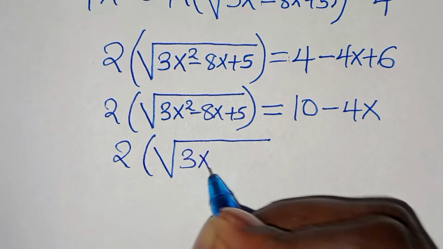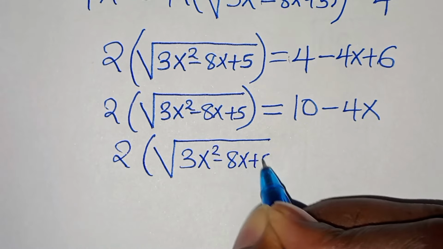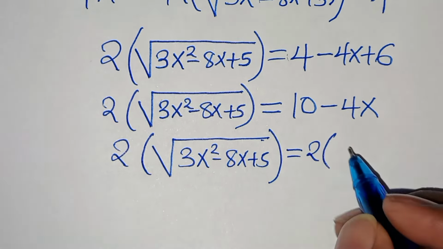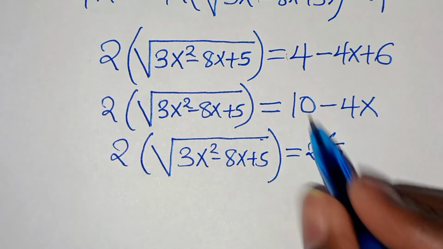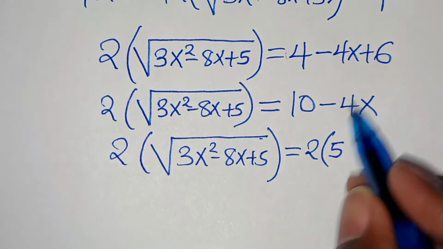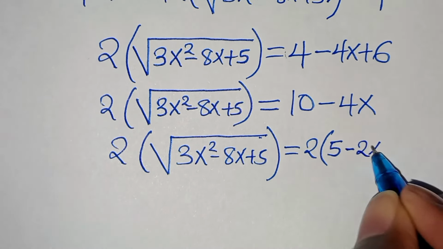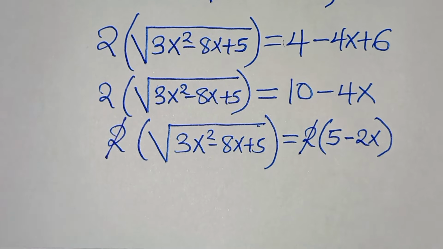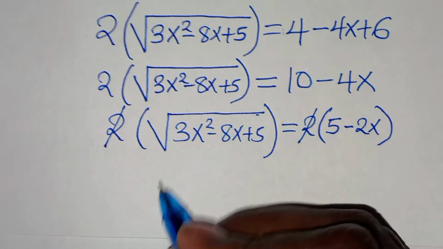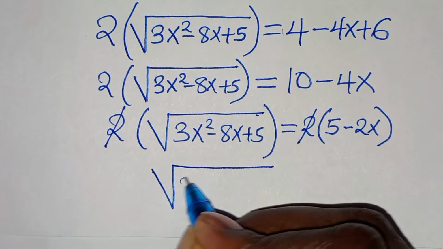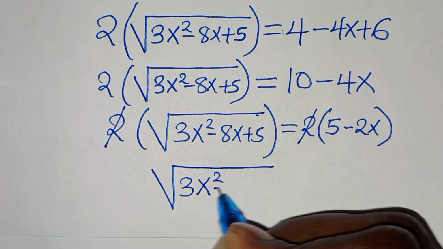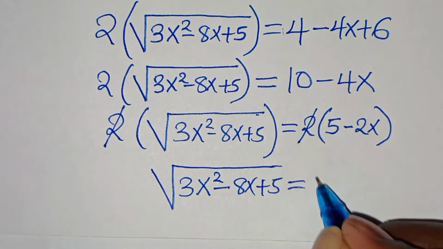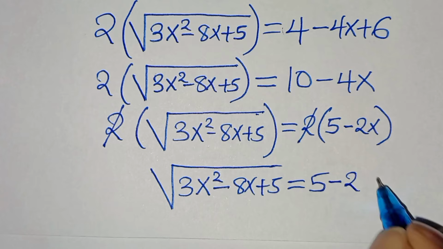This is equal to 2 into the parentheses: 10 divided by 2 is 5, minus 4x divided by 2 is minus 2x. And then the 2 and 2 simplify. So we have the square root of 3x to the power of 2 minus 8x plus 5 equal to 5 minus 2x.